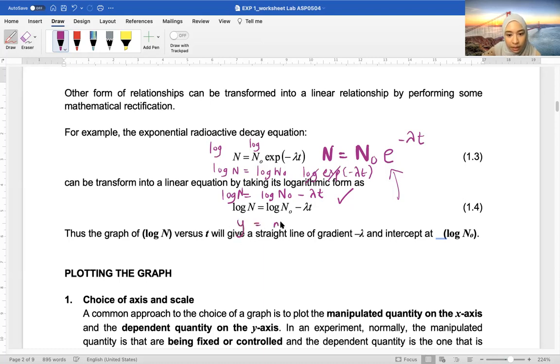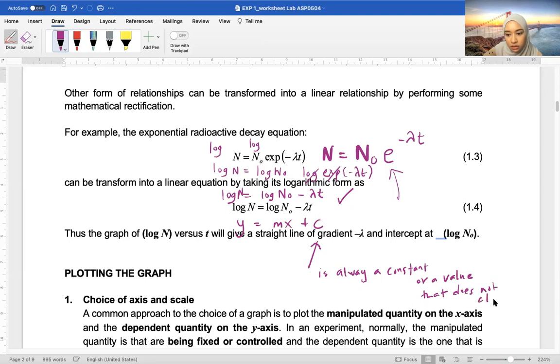y equals mx, mt rather, plus c. Now you have to remember that c is always a constant, a value that does not change.